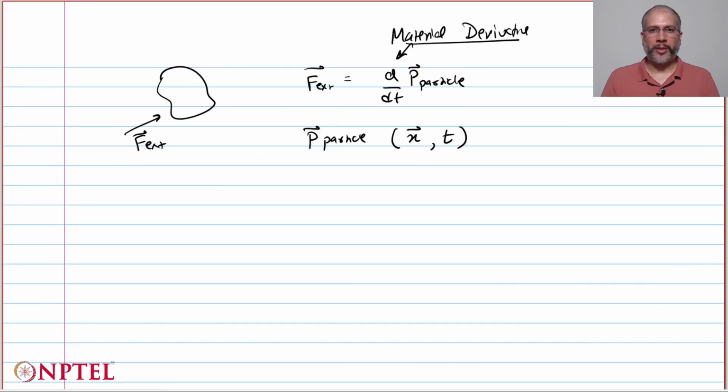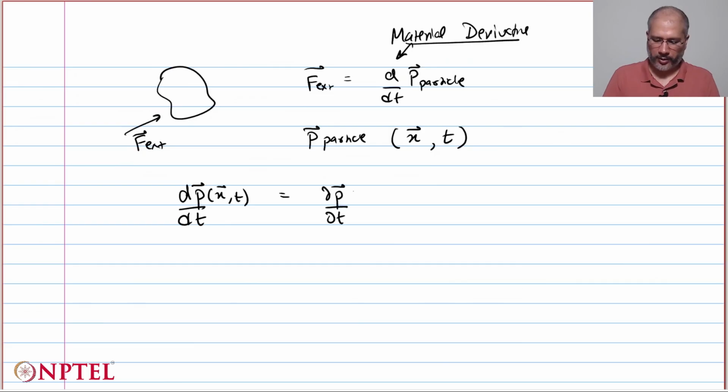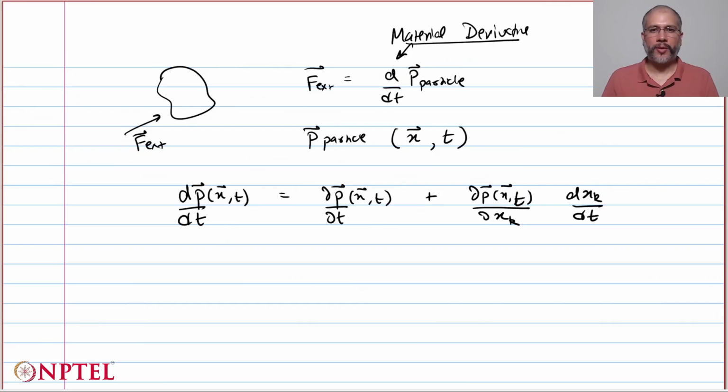Now, since the momentum is given in the Eulerian description, we have to use the material derivative, which is dp by dt as a function of small x and t is partial p by partial t plus partial p by partial x k times dxk by dt. So this is one of the major motivations of the material derivative.